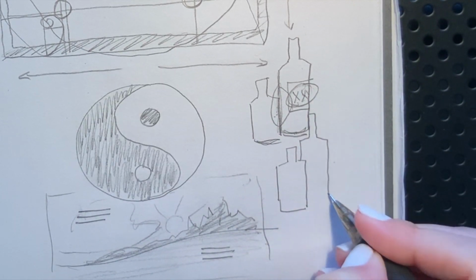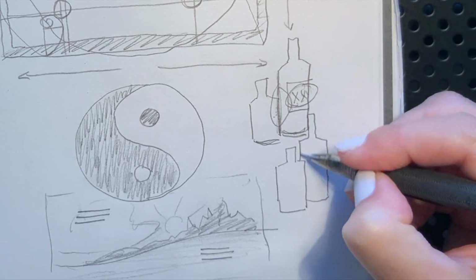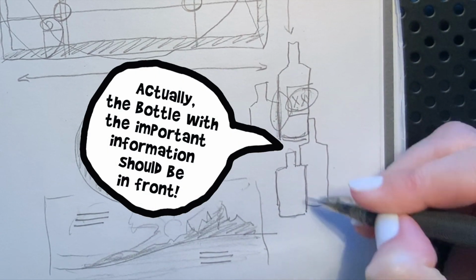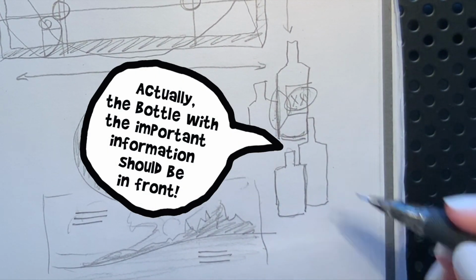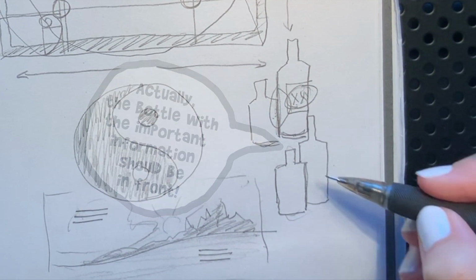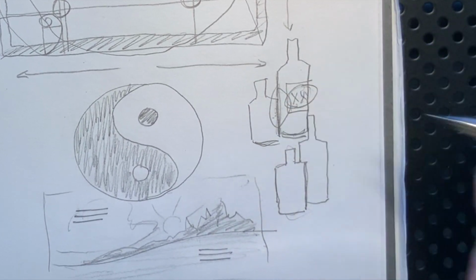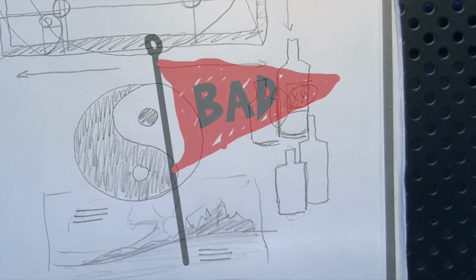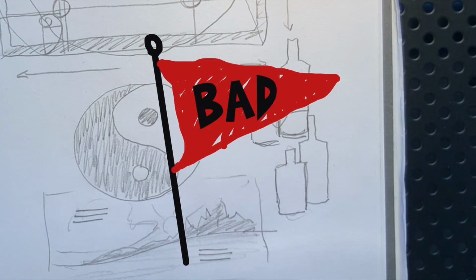So instead, your bottles would do this. Now they're not sharing a line. That's probably still a little bit more close than I would like for comfort, but you see how overlap can get rid of these vortexes, these coincidences of line that create confusion. And in drawing, whenever you say confusion, that's a bad word. That's a red flag. You don't want your viewer to be confused.